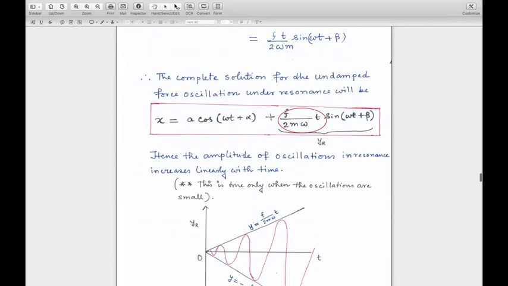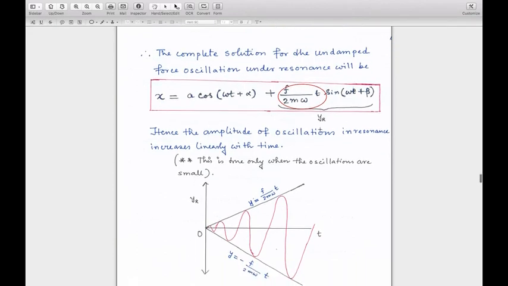Of course, you can understand that this term will always have a small contribution with respect to this one, because it is something which increases with time. So it is possible that after a sufficiently large time, when x can still be considered small, this term's contribution will be negligible with respect to this term.